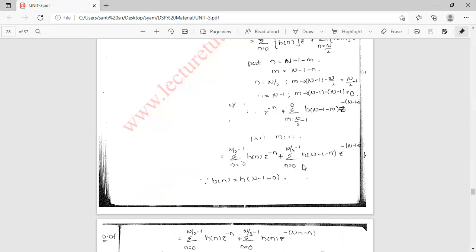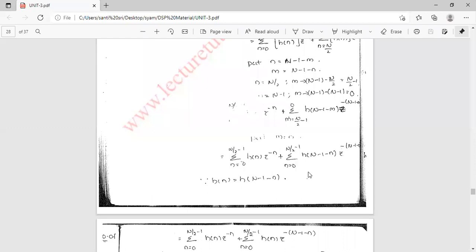Put m equal to n here. Then n equal to 0 to N by 2 minus 1 h of n into z power minus n. Here m equal to n. So sigma n equal to 0 to N by 2 minus 1 h of N minus 1 minus n into z power minus of N minus 1 minus n.